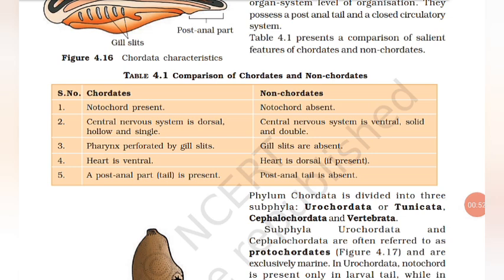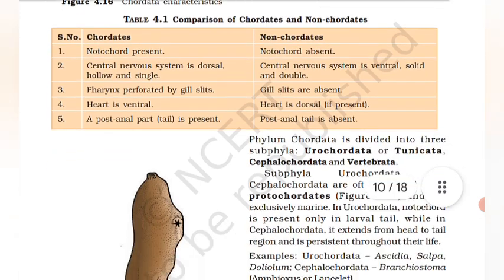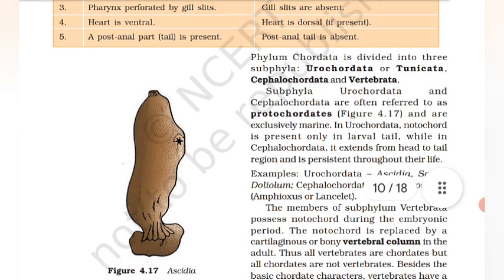Next class is Cyclostomata. All living members of this class, Cyclostomata, are ectoparasites on some fishes.